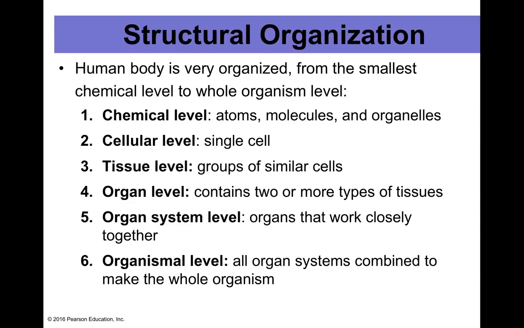Now, if I combine the chemical level together, I'm building up the next level. If I combine different molecules and atoms together, I get to a higher level referred to as the cellular level. As the word cellular implies, we're talking about a single cell. So cells can be, let's say, your skin cells, your hair cells, your nerve cells, your heart cells, etc. Now, if I put a group of identical cells together and give them a job to do, what I create is a tissue.